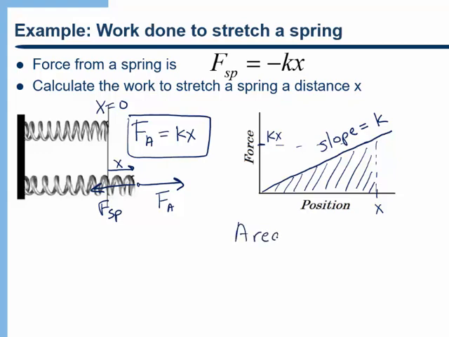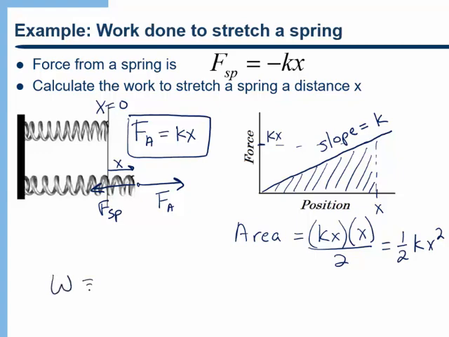We know the area is going to be kx times x divided by 2, or 1/2 kx squared. And therefore, the work to stretch the spring a distance x is 1/2 kx squared.